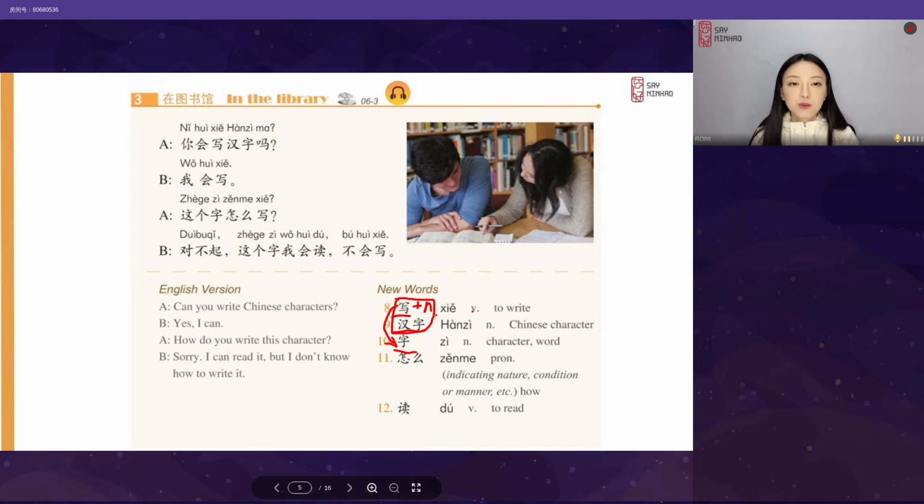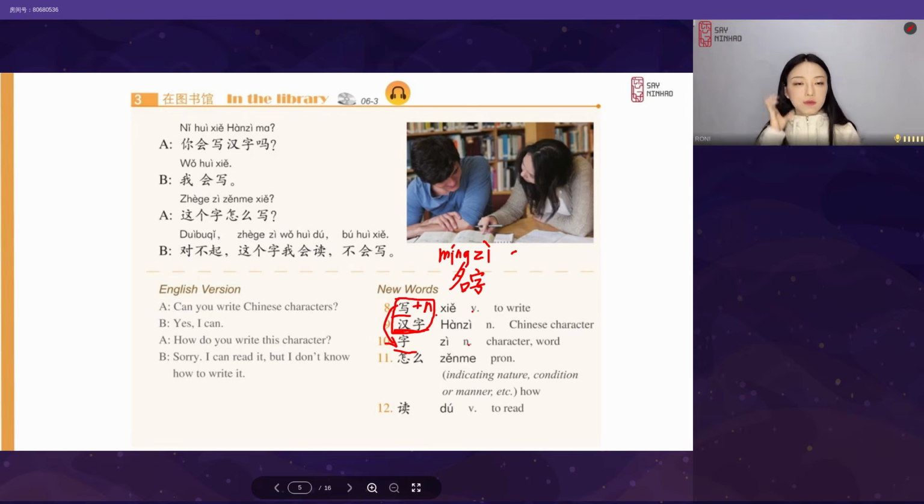Write name. We've learned it before, name. It is 写名字. Okay, 名字, read after me please. 名字. It means name. So write name is 写名字.